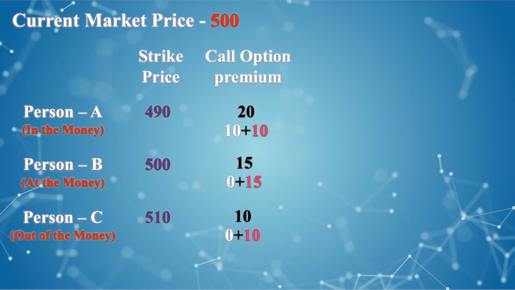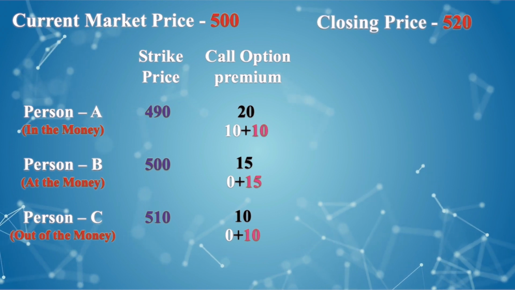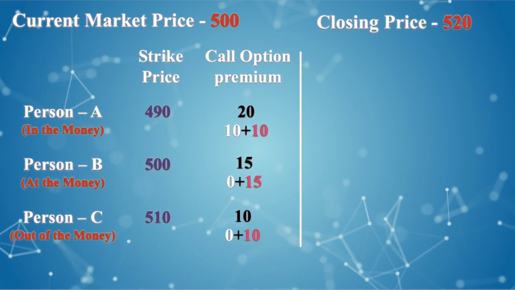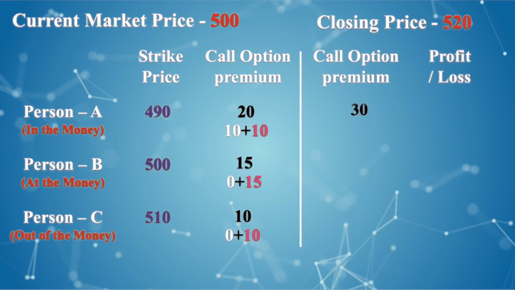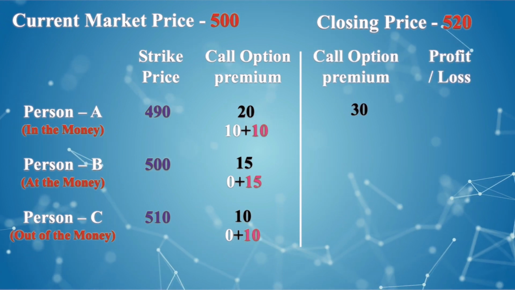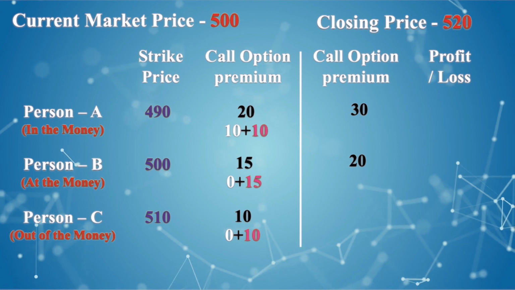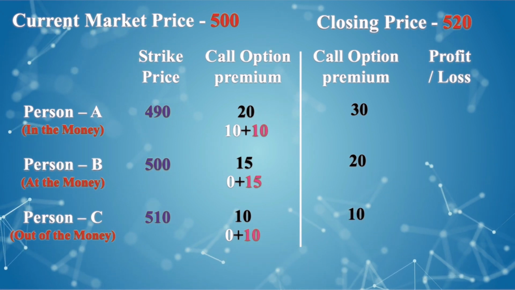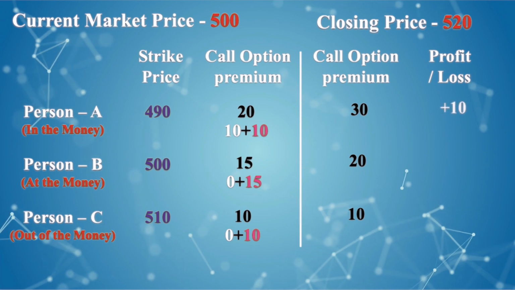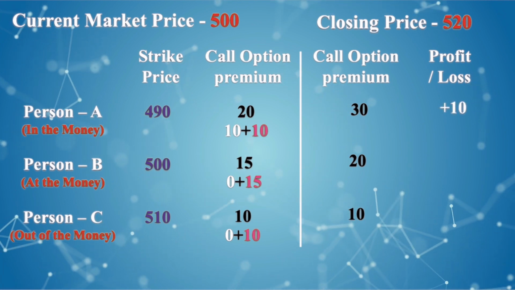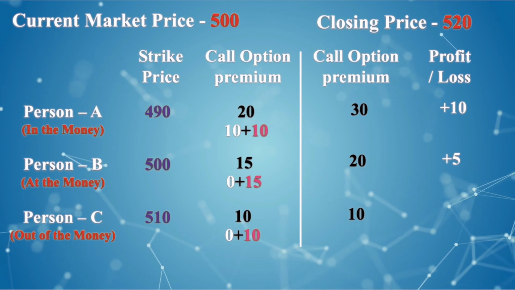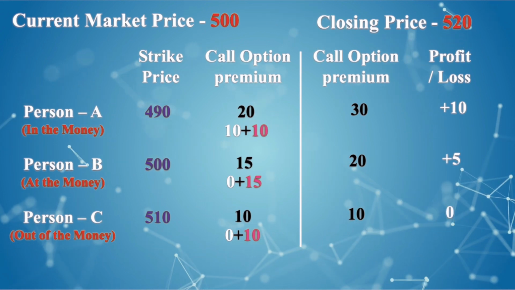As expected, market moves 20 points upper side and closes at 520 at expiry day. Then the call premium of person A will be 30 rupees, person B will be 20 rupees and person C will be 10 rupees. Then person A gets profit of 10 rupees, person B gets profit of 5 rupees and person C doesn't get any profit.